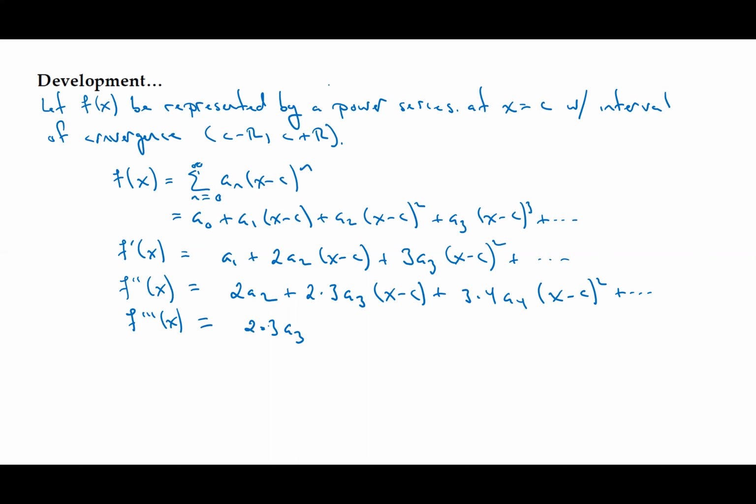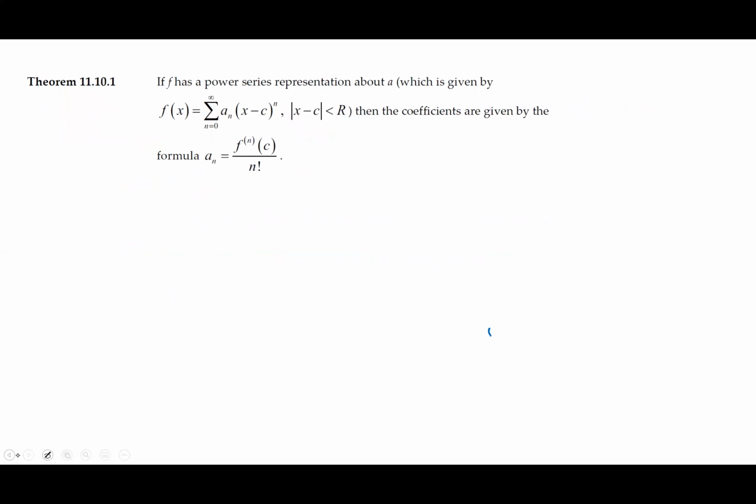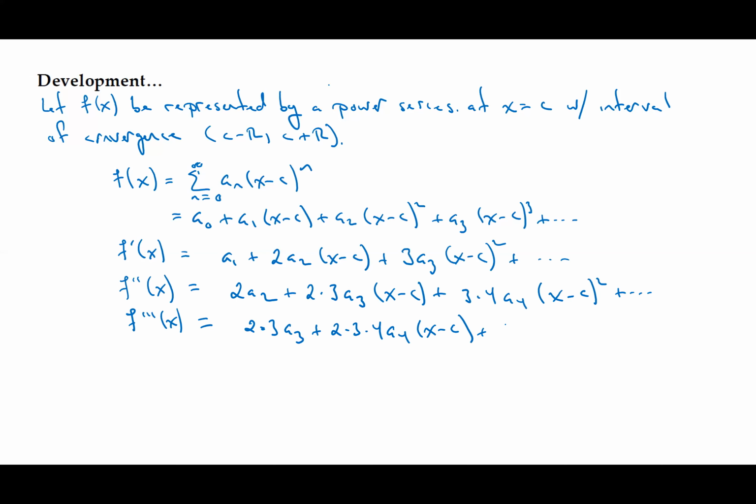Sorry, it's 2 times 3. So f triple prime of x is 2 times 3, a3, plus 2 times 3 times 4, a4, (x minus c), plus 3 times 4 times 5, a5, (x minus c) squared, and so on.